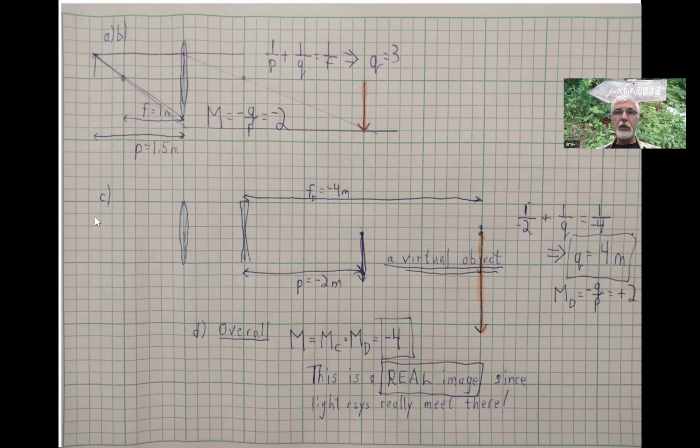I could ask a question. It's a little bit harder algebraically, but no big deal really. What one lens system would make that set of object and image? With one lens, I don't know where the lens is, and I don't know what the focal length is, but I know the distance from the image to the object, and I know the overall magnification.